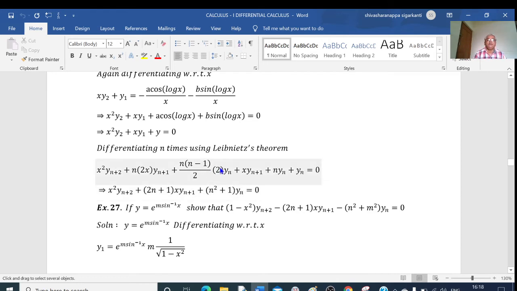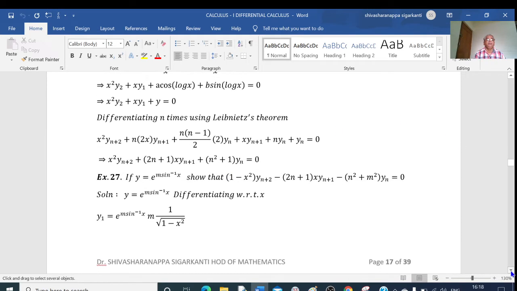Coming to yn term here, 2 gets cancelled. One yn term, second yn term, third yn terms are here. 2 gets cancelled. If I take yn common factor, what remains is n square minus n plus 1. So minus n plus n gets cancelled. I am getting just n square plus 1 into yn is equal to 0. So this is the required equation.